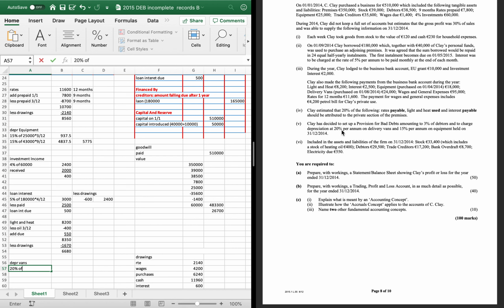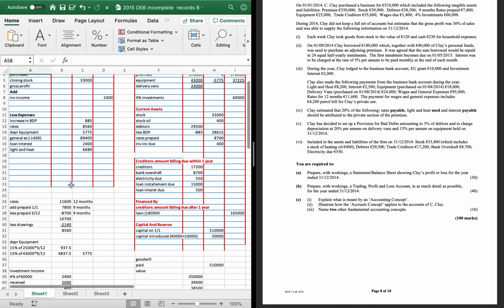So it's 20% of the new van costing 24,000 that you got on the 1st of the 8th. So 8, 9, 10, 11, 12. So you have it for 5 months, which is 2,000. So the depreciation on the van is 2,000, which will be an expense. Should have put it in there first.